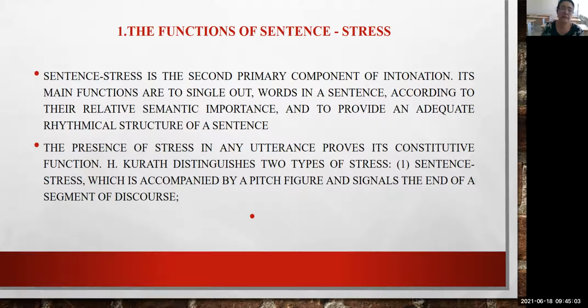Let us begin with our first discussion item, the functions of sentence stress. Sentence stress is the second primary component of intonation.